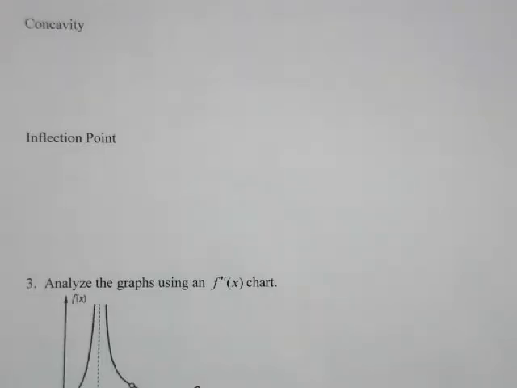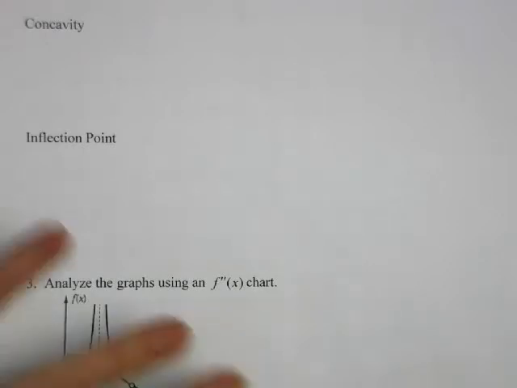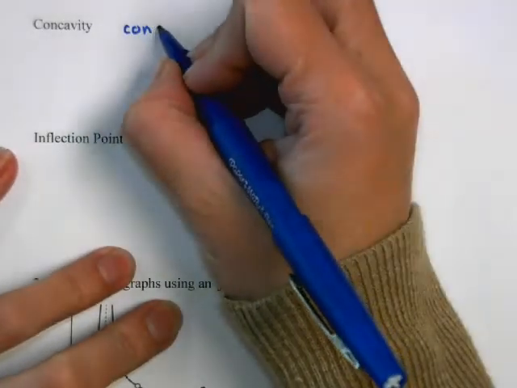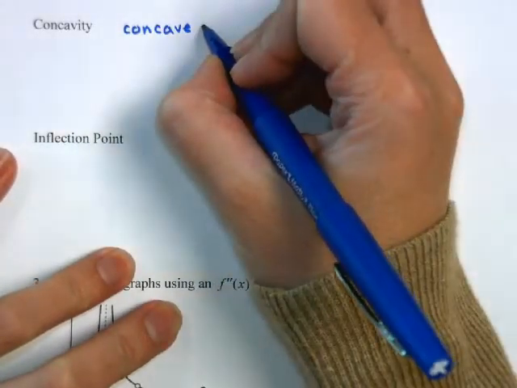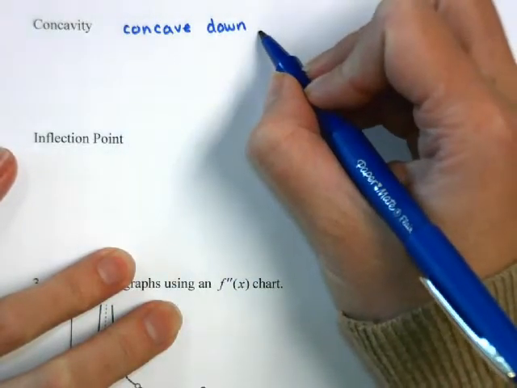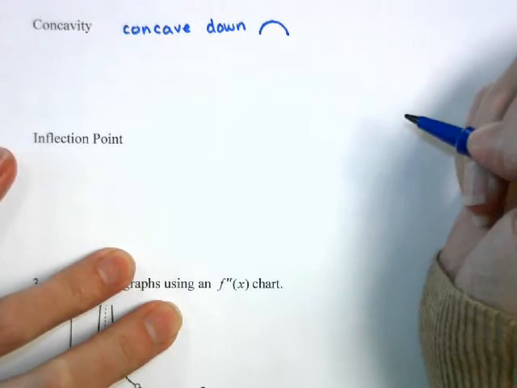Now we're going to talk about concavity. Concavity is kind of the shape of the graph. So if a graph is concave down, our graph is going to look something like that.